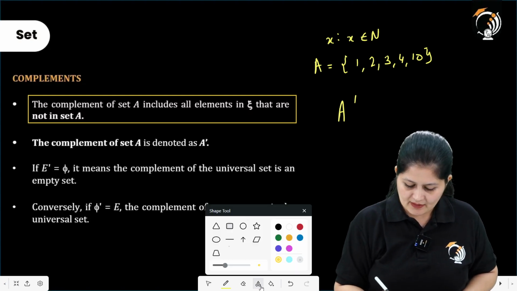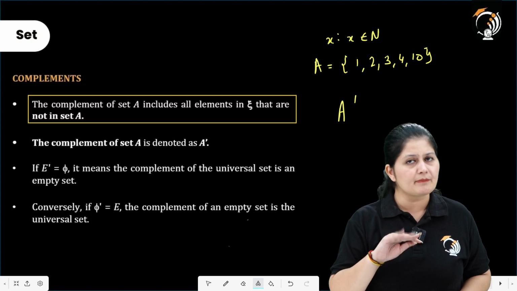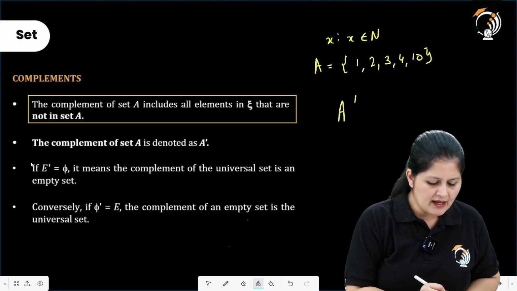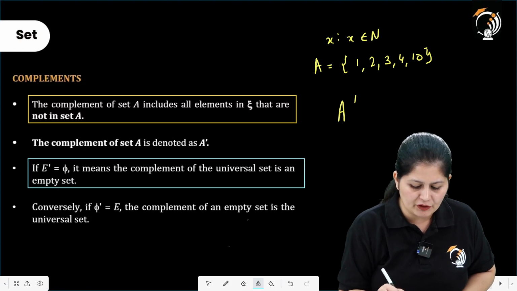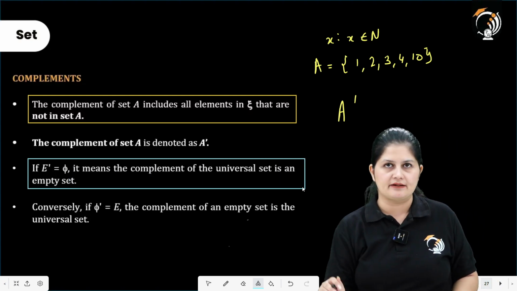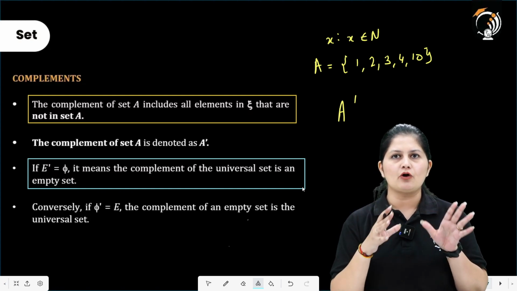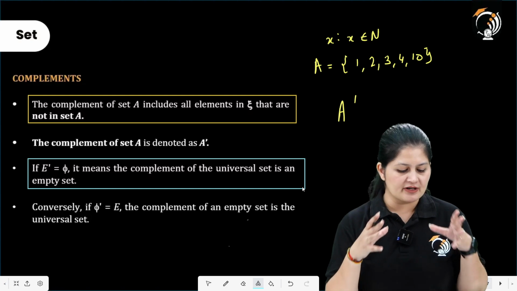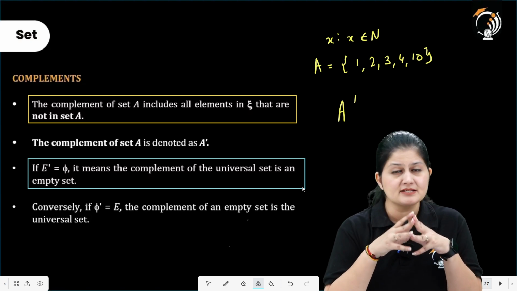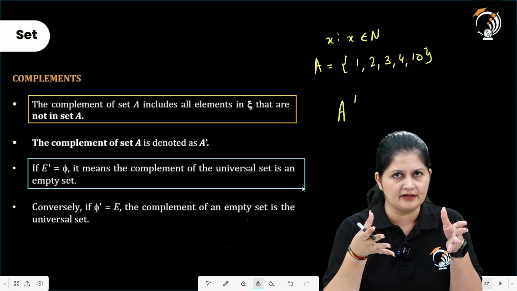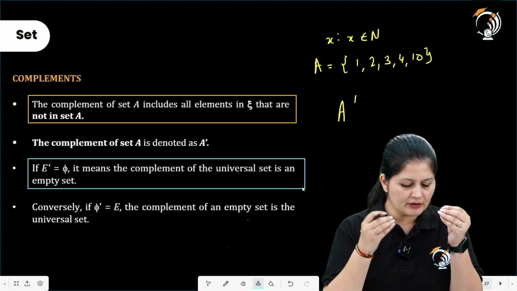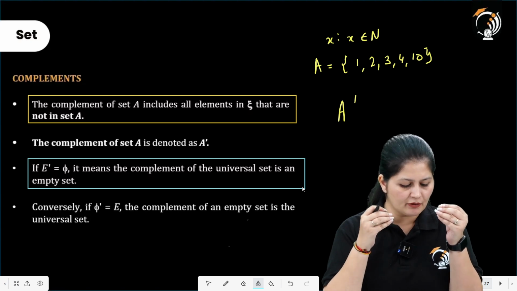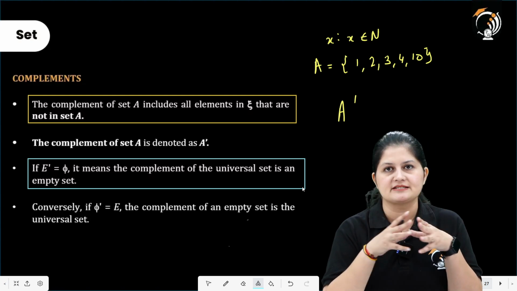I want everybody to take note of this as well. If the complement of E is equal to the empty set, it means there isn't any complement to the universal set. So the complement of the universal set is an empty set.